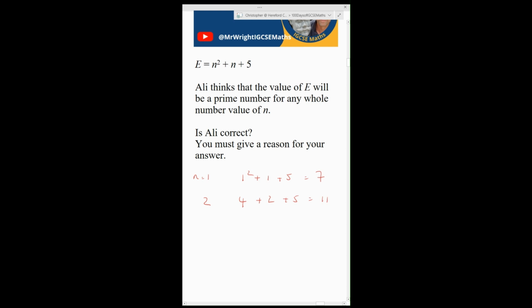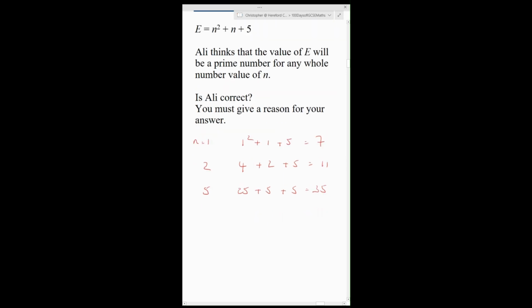If I try n is 5, however, I get 5 squared plus 5 plus 5, which is 35, which is not a prime. So is Ali correct? No, because when n equals 5, e does not equal a prime.